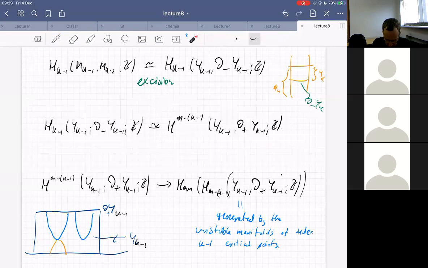In particular, the homology groups of this space are concentrated in a single dimension. They are concentrated in dimension m minus k minus 1, which is the dimension of the sphere, the dimension of the unstable manifold.